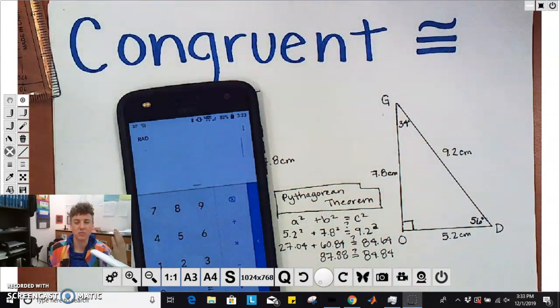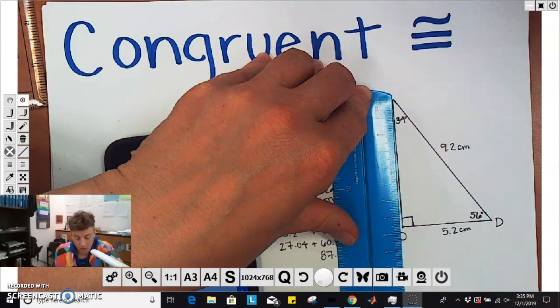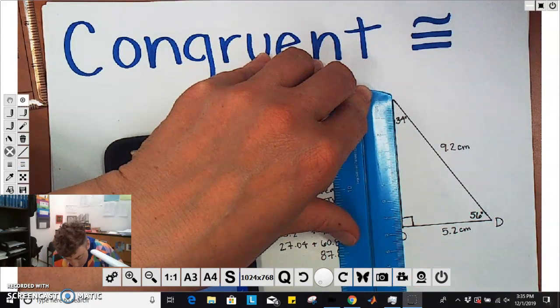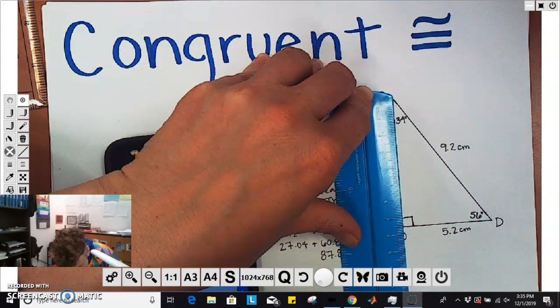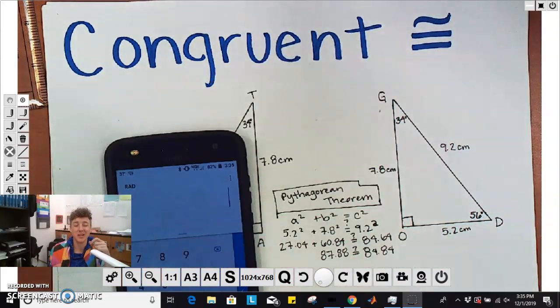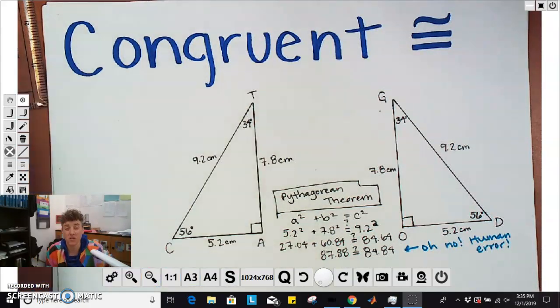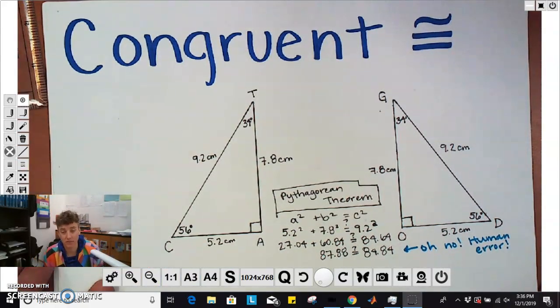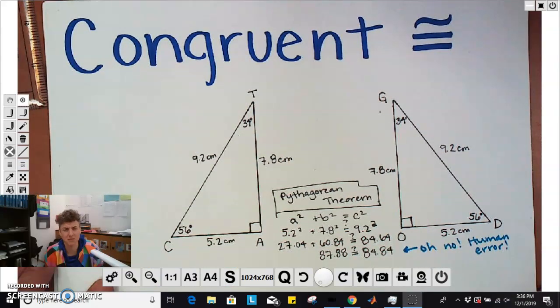I thought that was supposed to be true for every right triangle. Okay, I think this guy was the culprit. I think this should have been closer to 7.6. Human error, fellas. And fellas. Gotta watch out for it. If I would have measured correctly, they would have been totally equal. Promise. 100% promise.